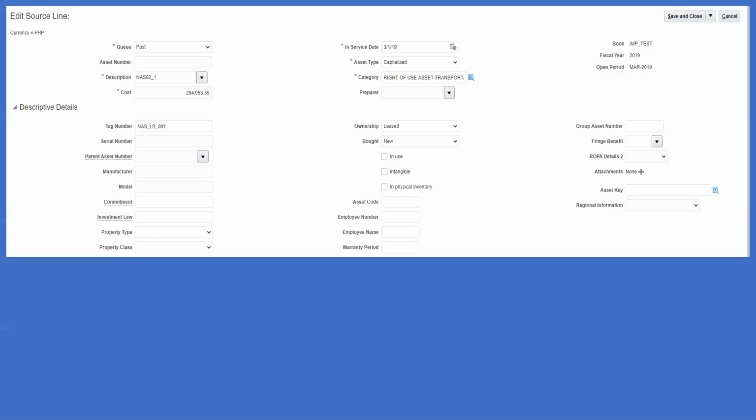Do the edit. Once we do the edit, we have to enter a few things like the depreciation account and all these things. Change the queue to post. Click on Save and Close.